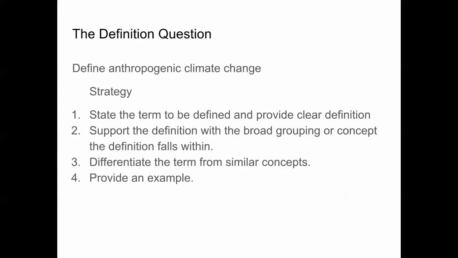It is associated with human carbon emissions. Now, the other point here is typically with a definition question, then you're going to want to move to examples. Now, I also want you to think about this in terms of a general paragraph. We've now started with a thesis, supporting sentences, detail, and an example. That's a very good paragraph form. And we can move through this question fairly easily that way.